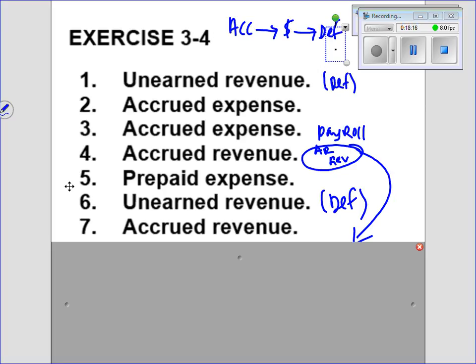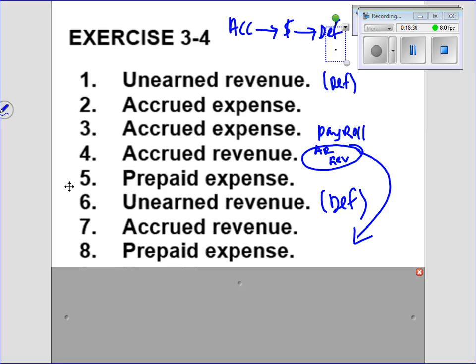Number 8, Hart paid cash for an expense and recorded an asset until the item was used up. If we paid cash for something, and then we're going to continue to use it, which one is that going to be? Prepaid expense. An awesome example would be the supplies one.